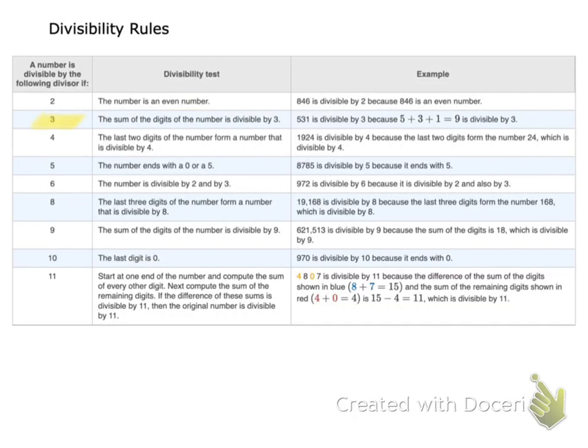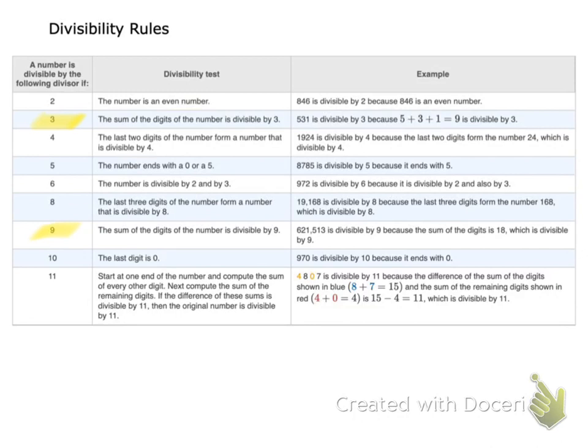So for 3 and 9, what you're going to do is add up all of the digits of the number. So if you look at 531 as the example, 5 plus 3 is 8 plus 1 is 9. After you add them up, if that sum can be divided by 3, the whole number can be divided by 3. Or if that sum can be divided by 9, the whole number can be divided by 9. So because this sum is 9, that means I could divide 531 by 3, or I could divide it by 9.